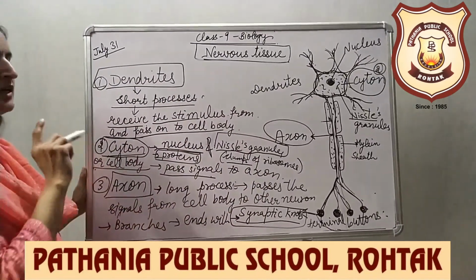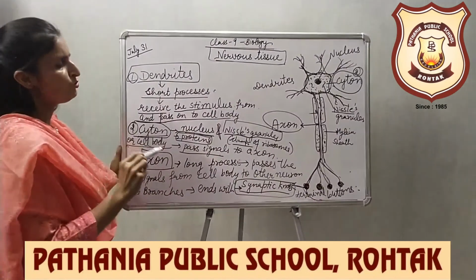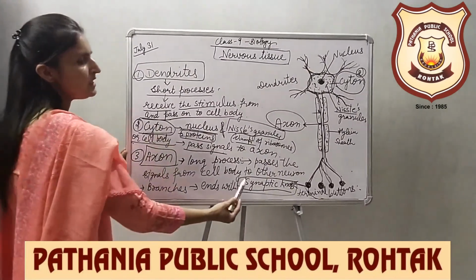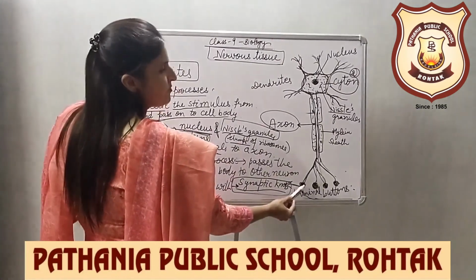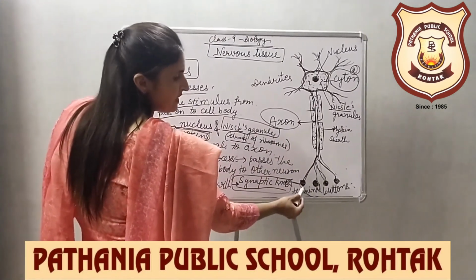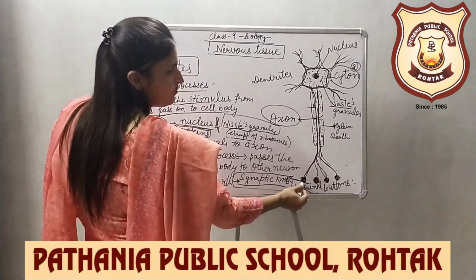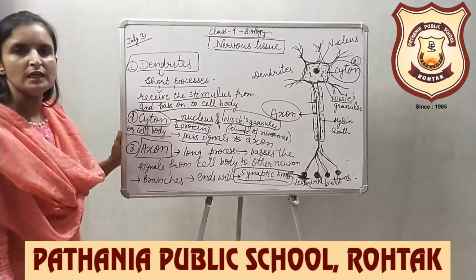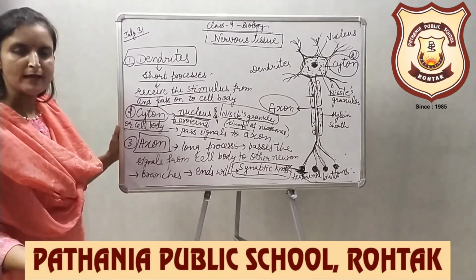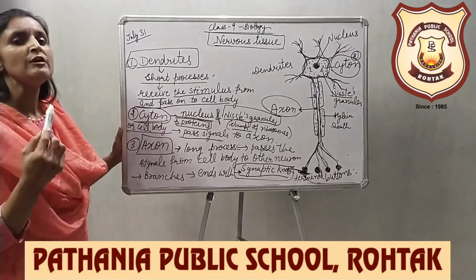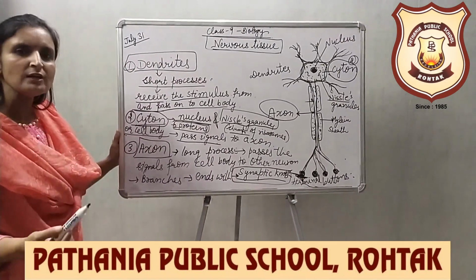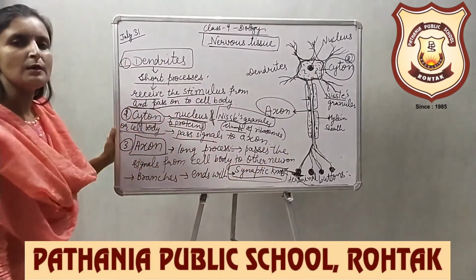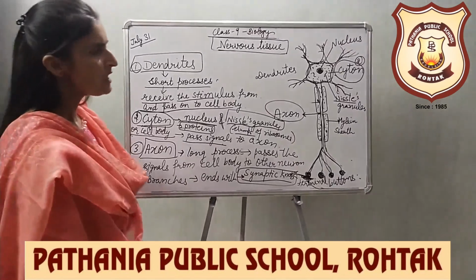The message travels through a particular nerve or through the nervous tissue. These synaptic buttons and the dendrites of the other neuron have a space between them which is called the synapse or the junction, which contains certain acetylcholine that converts electrical signals into chemical signals.